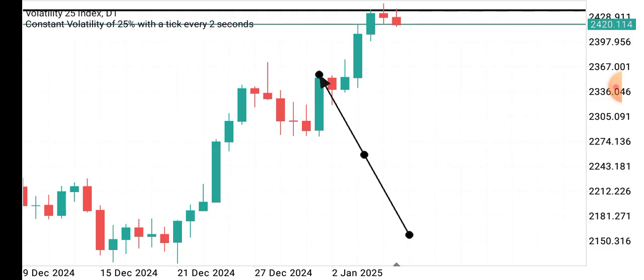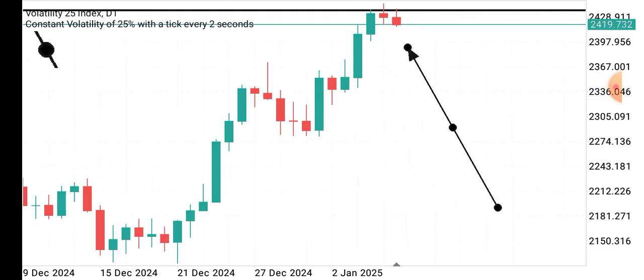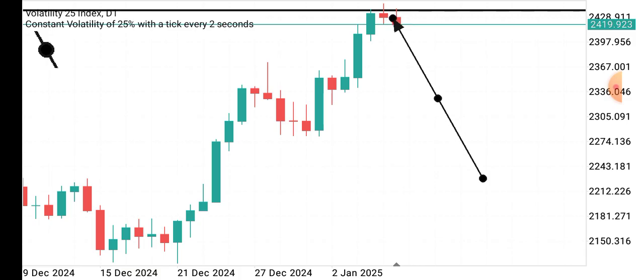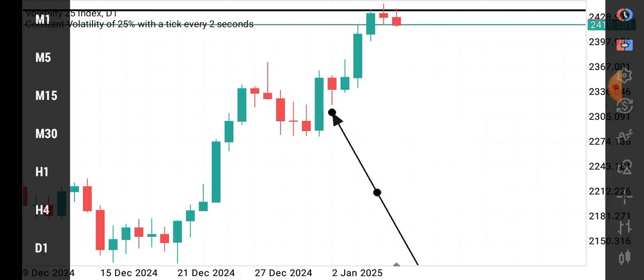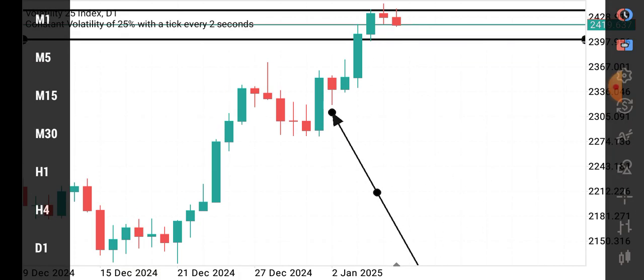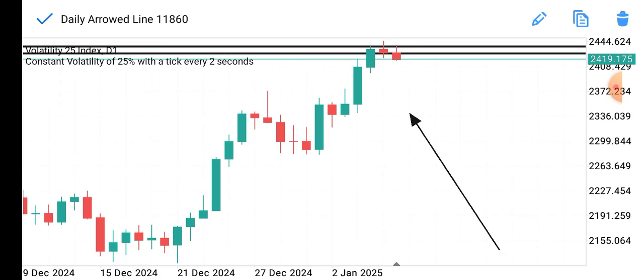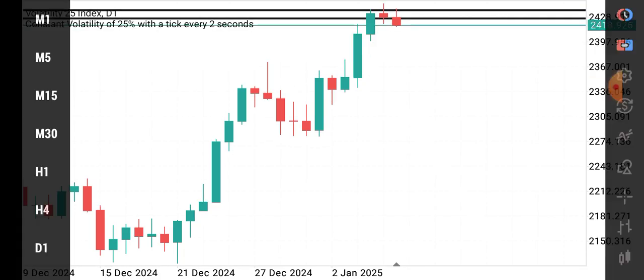Just like this, guys, and you see what happened. Today's market opened at this level here. Let me put a horizontal line there too, because I want us to see something; if you do not understand this, you will never be able to use it to trade. So let's go to the 15 minutes time frame.